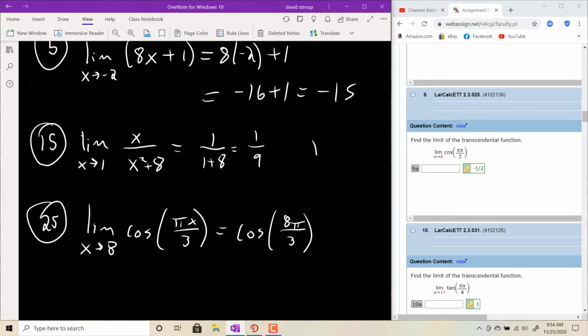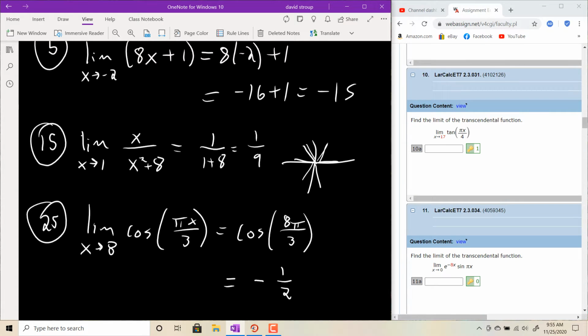You could use your calculator to figure that out. TI calculators, TI-84 Plus or below, are fine. 8 pi over 3. That's the second quadrant, so it's negative 1/2.